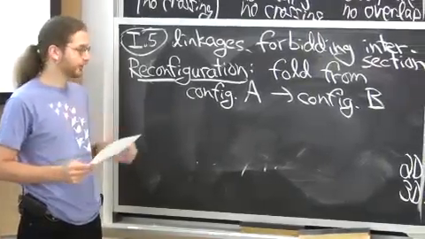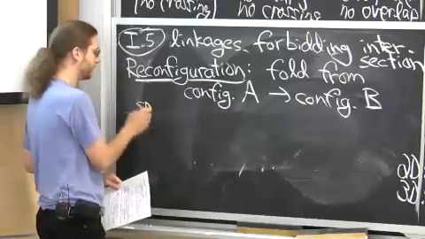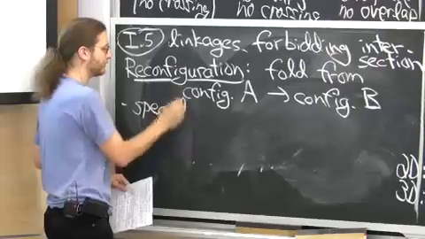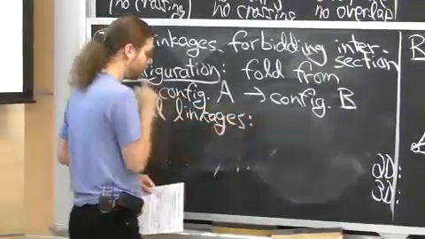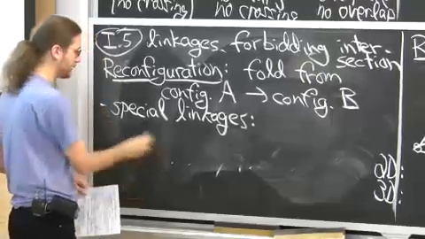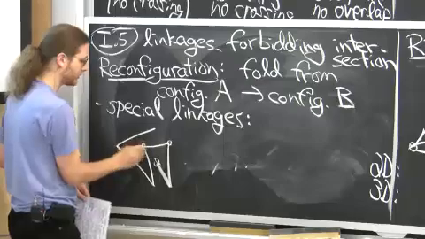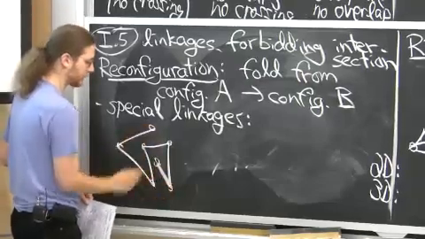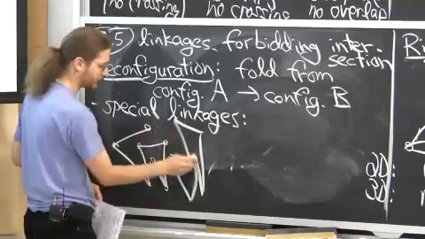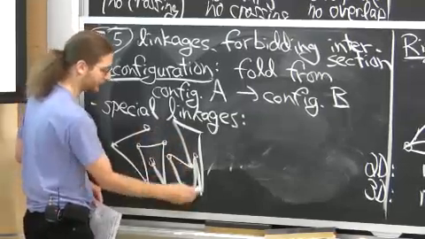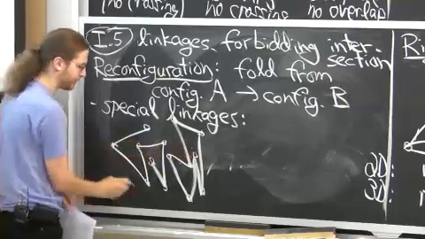But a lot of the times, you can think about special linkages. There are a lot of interesting special cases. In particular, we like to think about chains like I drew before. Also polygons. It's a little messy, but imagine those don't self-intersect. So this is what I call an open chain, and this is a closed chain. In general, these are chains.